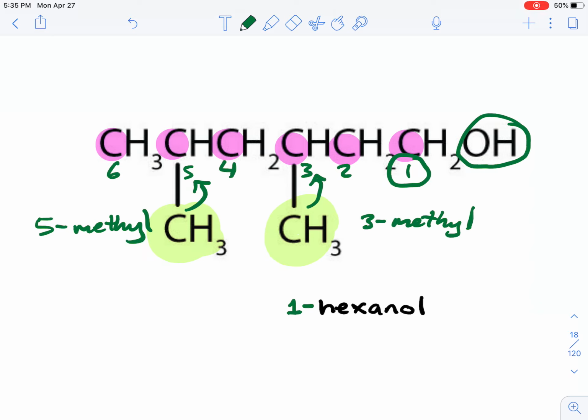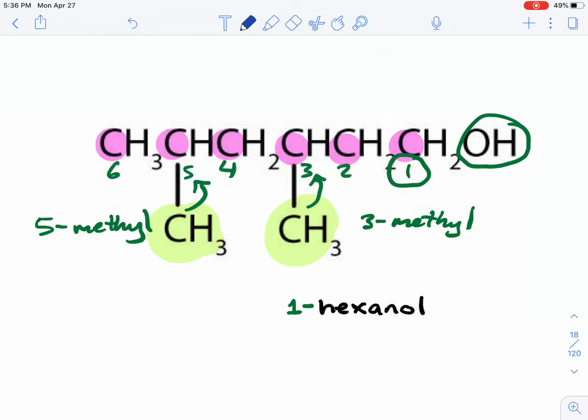And so what I'm going to do is combine both of my substituents, and since they're the same, I'm going to combine them so that I just have to represent it one time. But I have to indicate to the reader, one, its locant or its carbon number, and number 2, how many of those substituents I have.